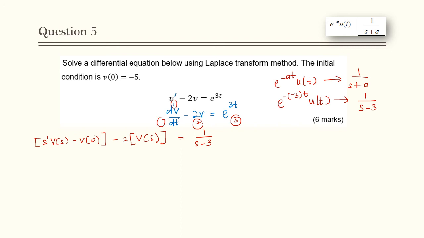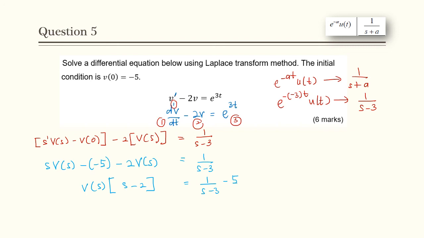Okay, next step. Replace v naught equal to negative 5. In this case, s Vs minus v naught, which is negative 5, minus 2Vs equal to 1 over s minus 3. Now you need to get the equation for Vs. So Vs in the bracket s minus 2 equal to 1 over s minus 3 minus 5.